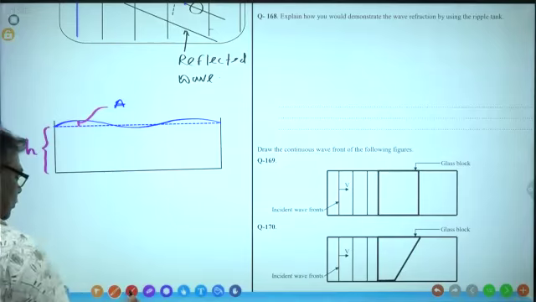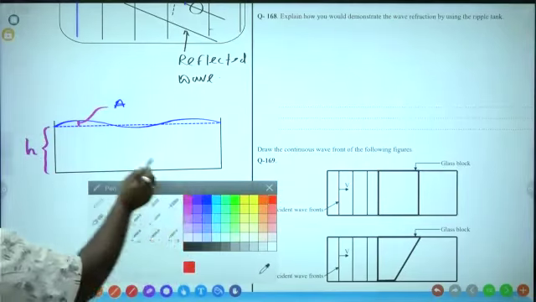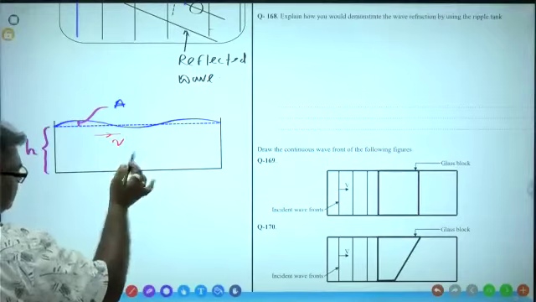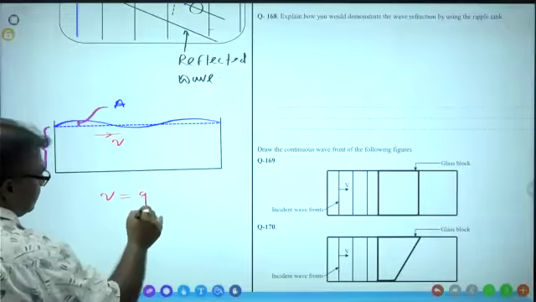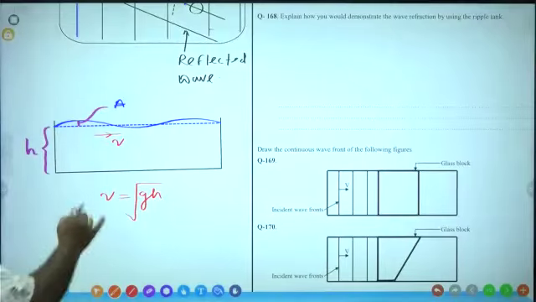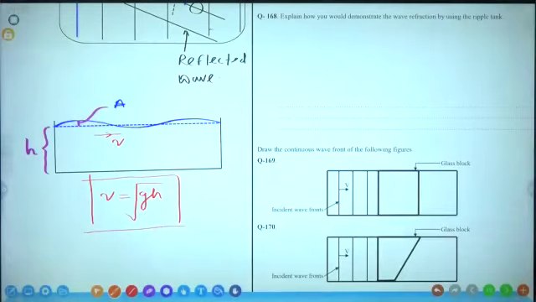Then the wave velocity of the transverse wave on the water surface. The wave velocity v of the transverse wave on the water surface is written as v equals root of gh. This is the standard equation for waves generated on the ripple tank. First of all, can you manage this one?